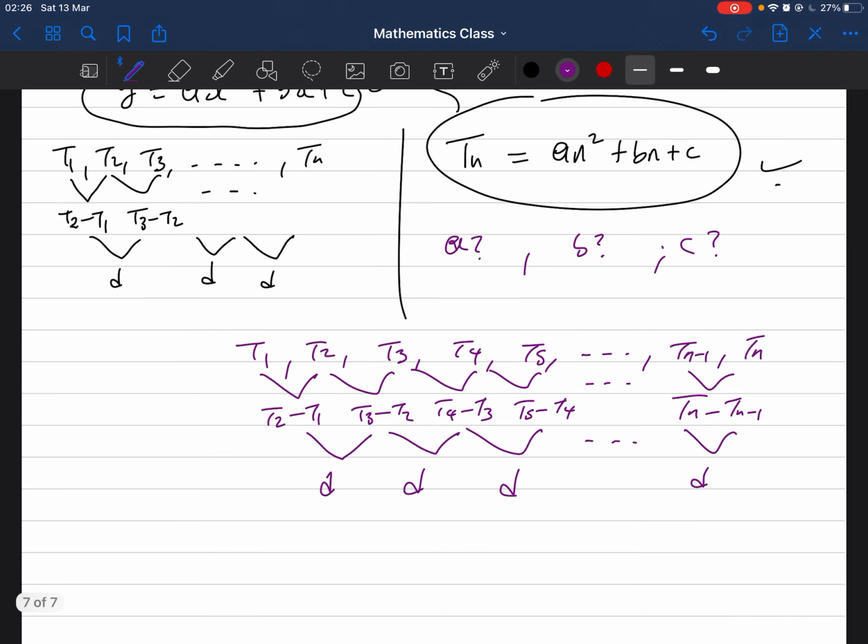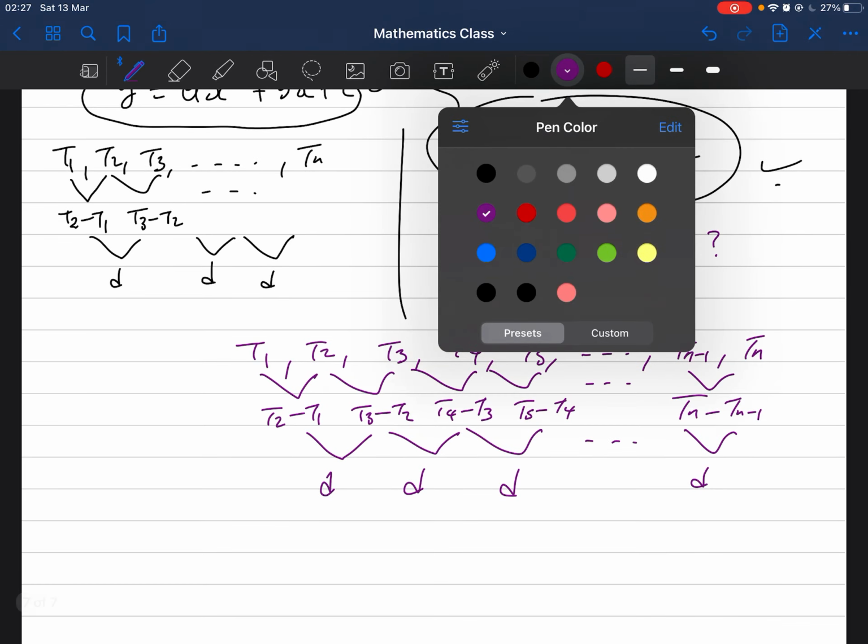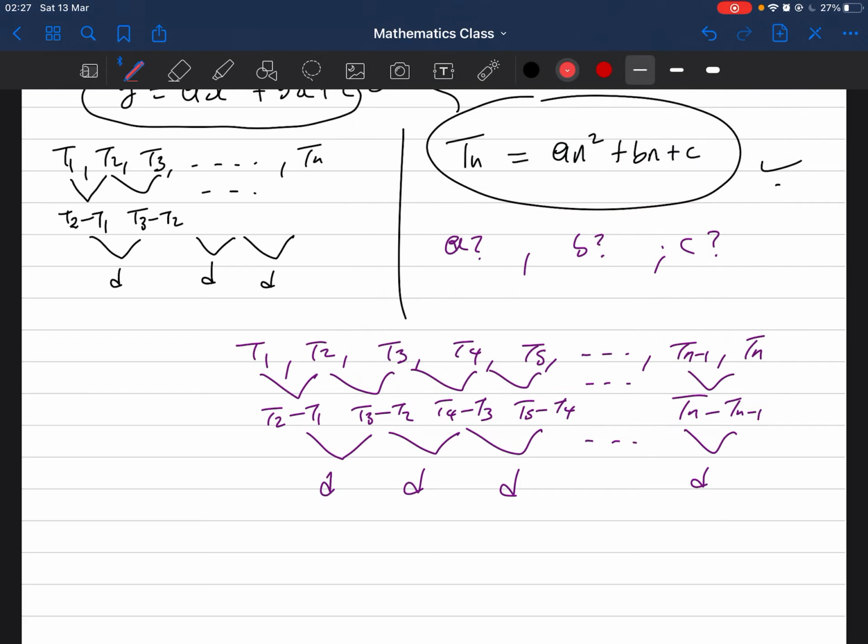Another important thing to observe: T1 is equal to a plus b plus c. Then T2 minus T1 is equal to 3a plus b.